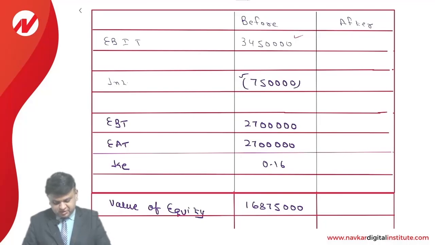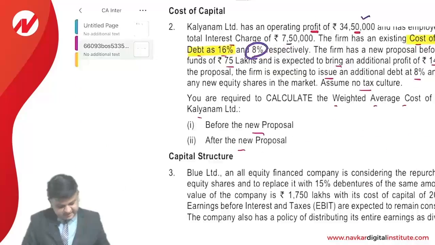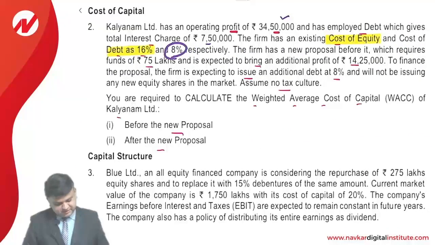Now once you accept the new project, let us see what kind of information is given. It has been given that the firm has a new proposal before it which requires an amount of rupees 75 lakhs and will bring an additional profit of 14,25,000.